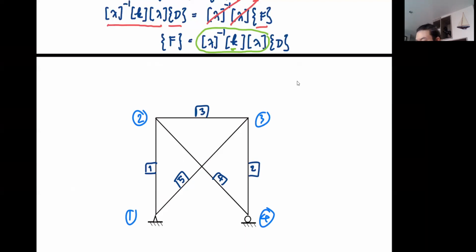Because you can only give the proper sine and cosine values to the member when you know the orientation of the member. So how do we find the orientation? We find the orientation by giving it the local nodes 1 and 2, right? So if this is my member number 1, this is my local node 1, and this is my local node 2.